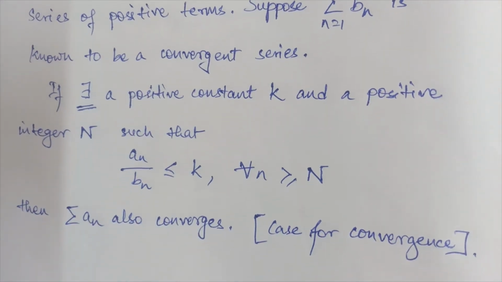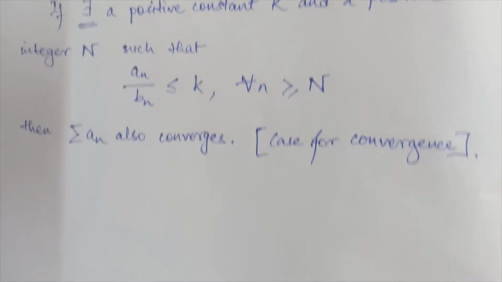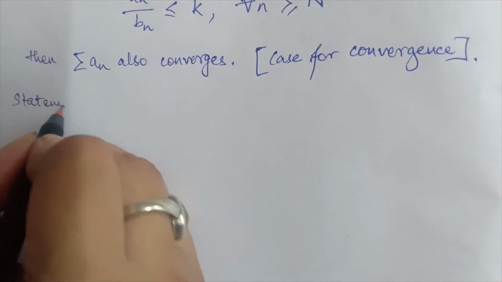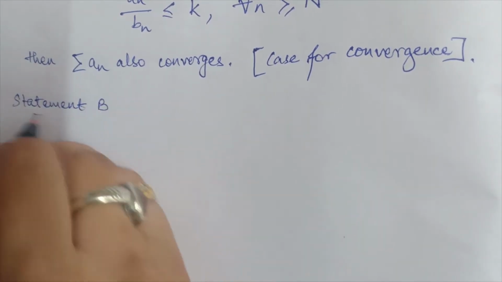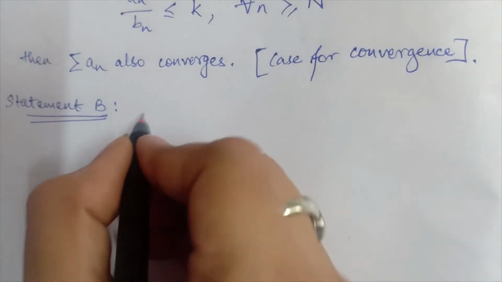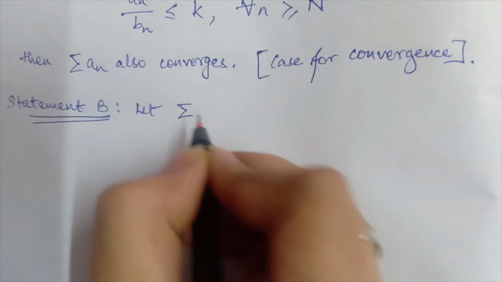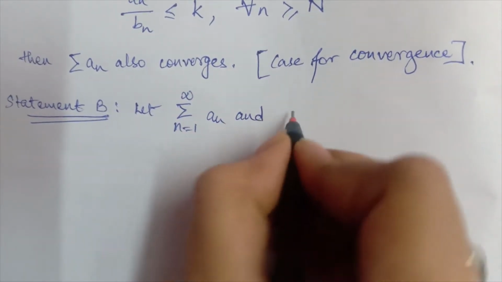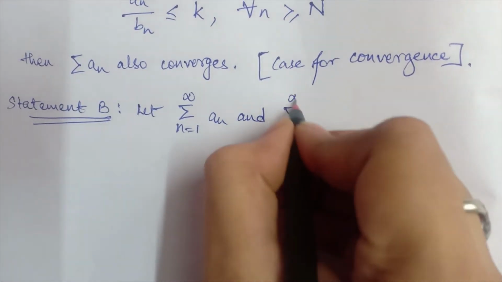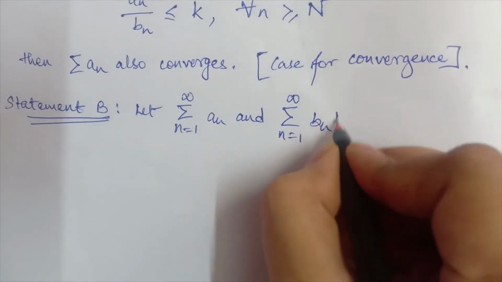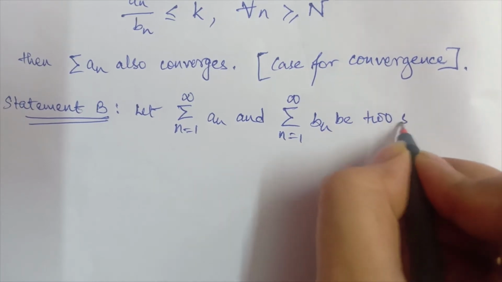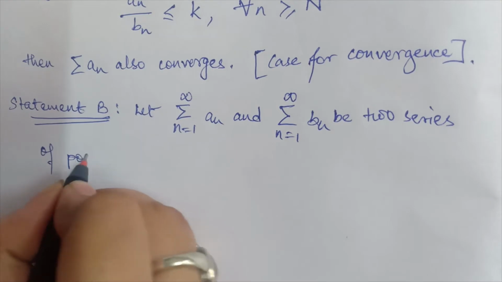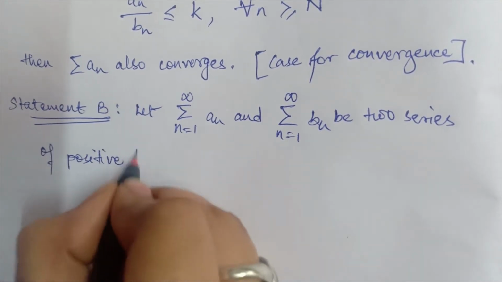Now we'll check statement B, which is a case for divergence. Let summation n equals to 1 to infinity an and summation n equals to 1 to infinity bn be two series of positive terms, just like the previous one.